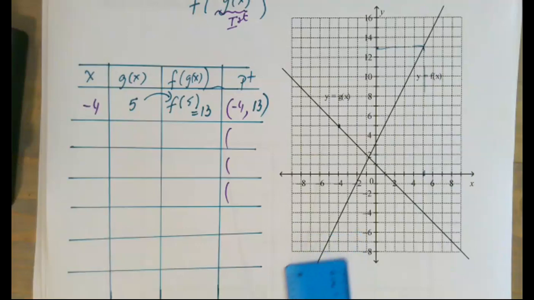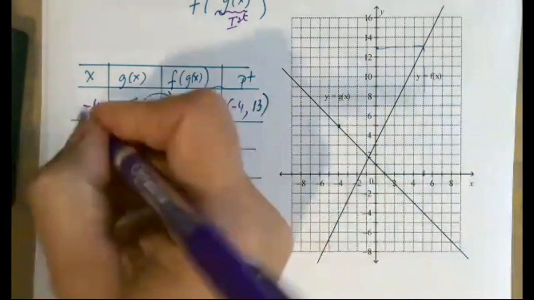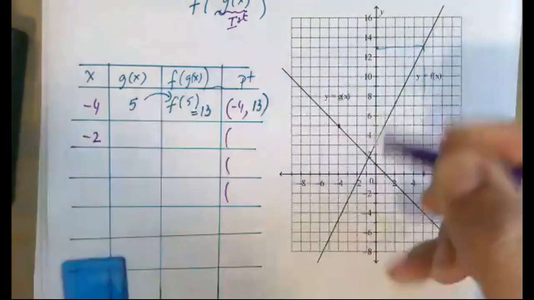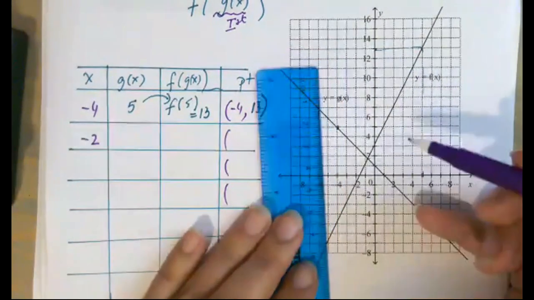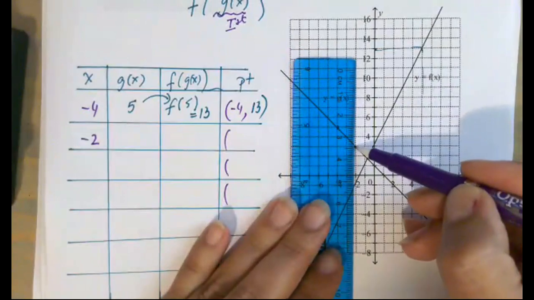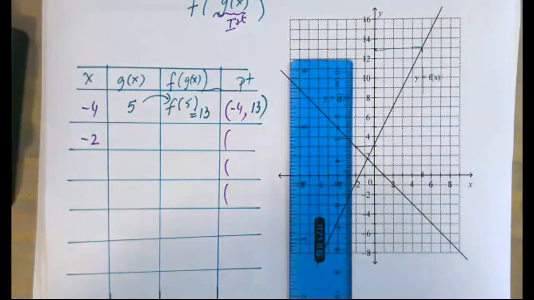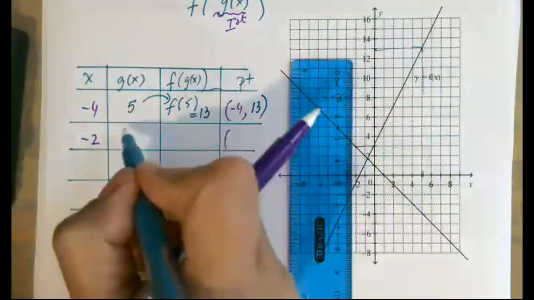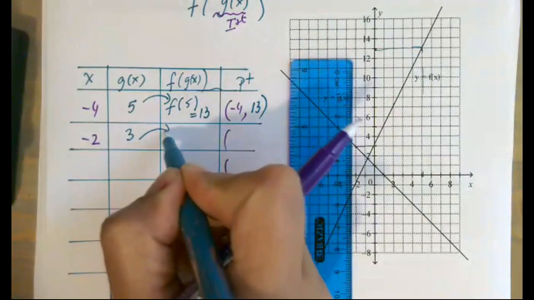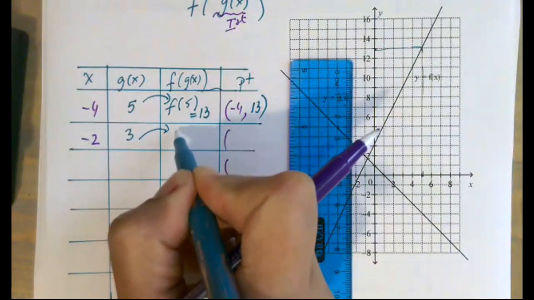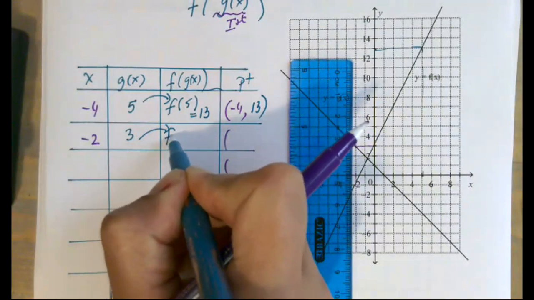Okay, let's do one more. Let's choose -2. The first one you can read for g of x. Right there, the y is 3. But then you have to plug it in as being the new input of the function f.